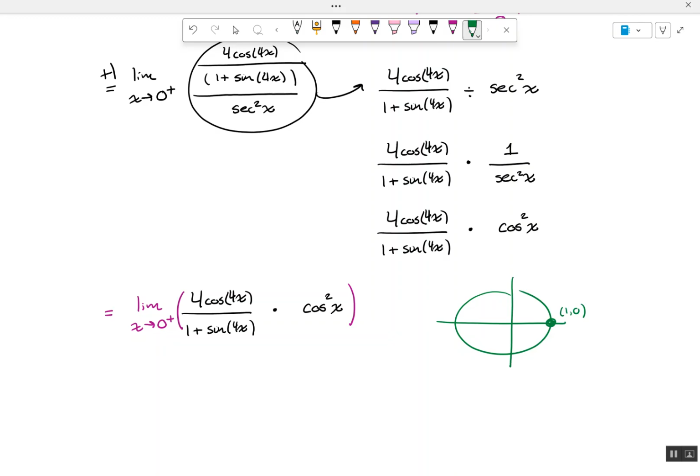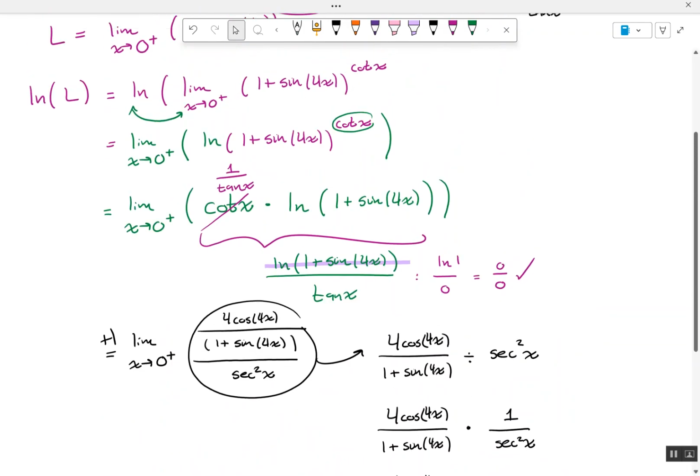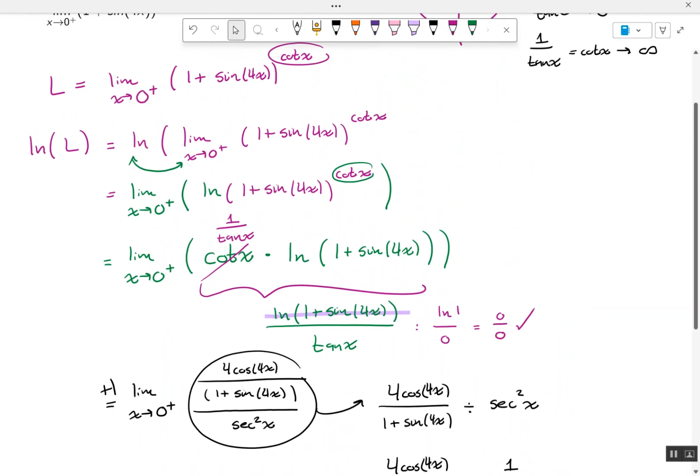Okay, cosine of 0 is 1, so that's going to be 1 squared, which is 1. Sine of 0 is 0, so the denominator here becomes 1. 4 times 0 is 0, so then cosine of 0 is 1. So we have 4 over 1 times 1. The answer is 4.